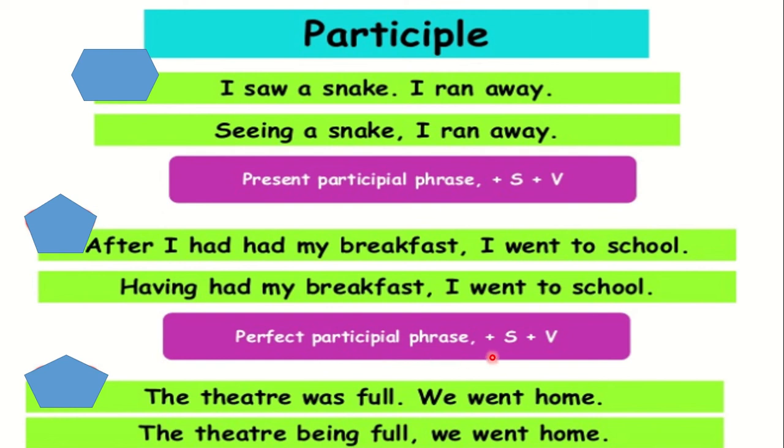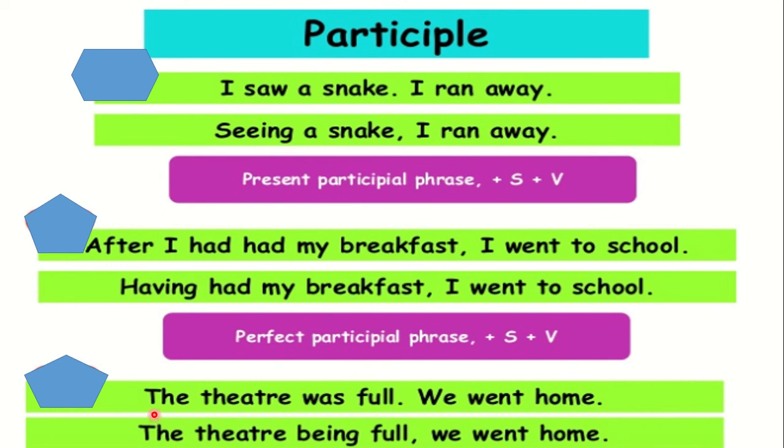And then in the next clause, we have subject and then verb 2. So we used having had, having plus verb 3, that is perfect participle with a noun.